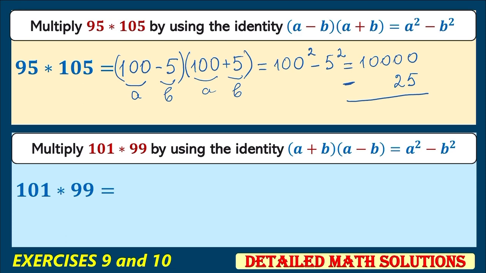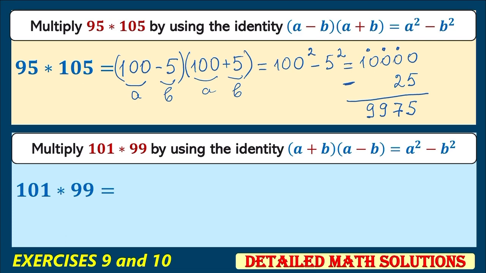This way I have, take away 1, 10 minus 5 is 5. Again, take away 1, I have 9 minus 2 is 7. Then I have, take away 1, 99. So this equals 9,975.